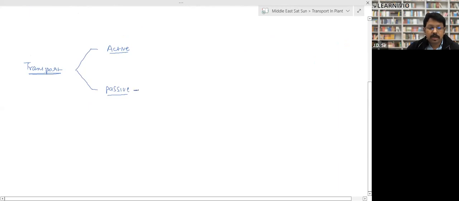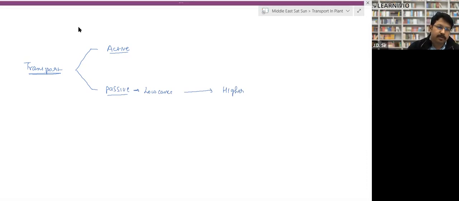In passive transport, the transport takes place with the help of diffusion. Diffusion means molecules always move from low concentration to higher concentration. So when I say the movement of molecules is taking place from low concentration to higher concentration, you directly call it diffusion, right?